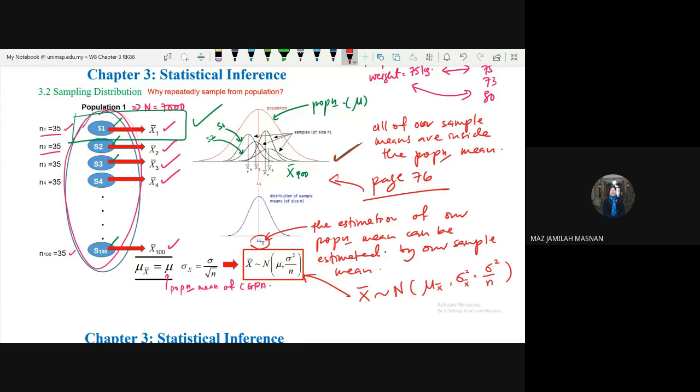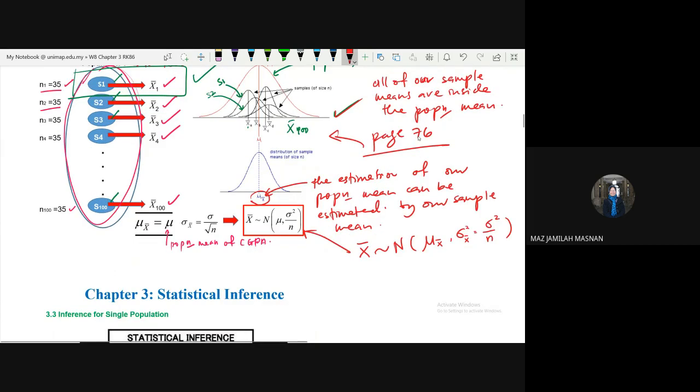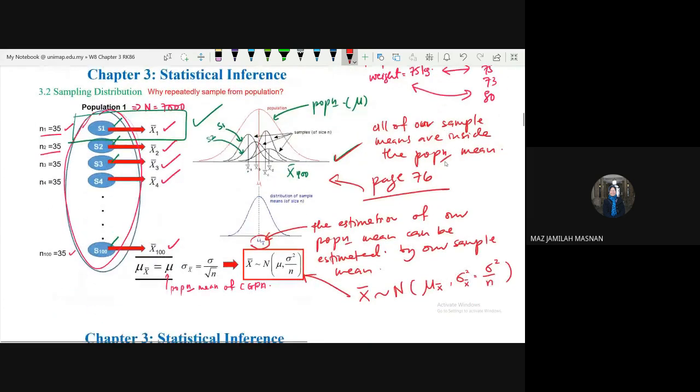Now, is there any question before I proceed? I hope the gist of our discussion here is that the sampling distribution is the backbone of our statistical inference.